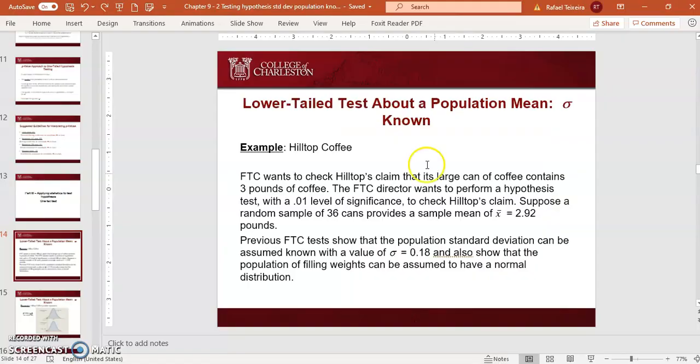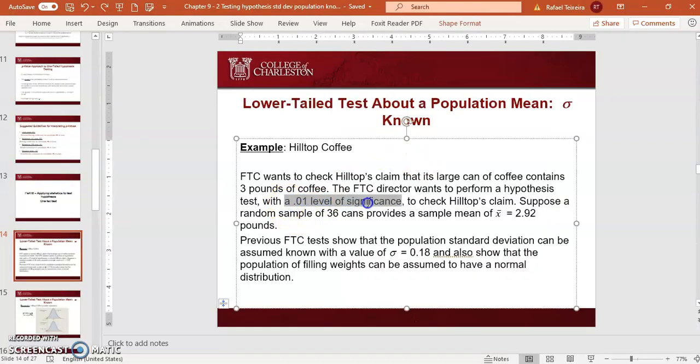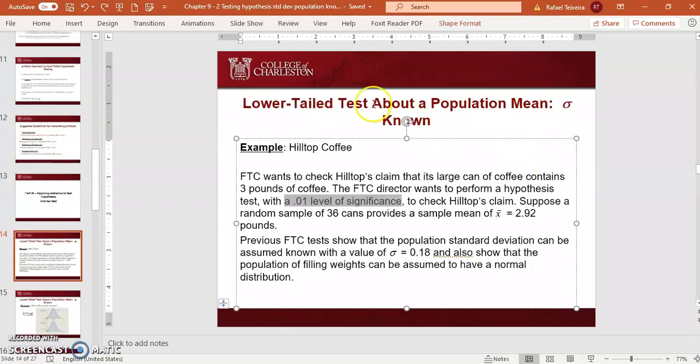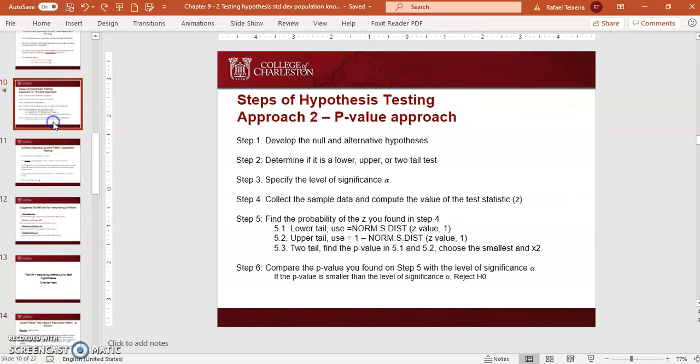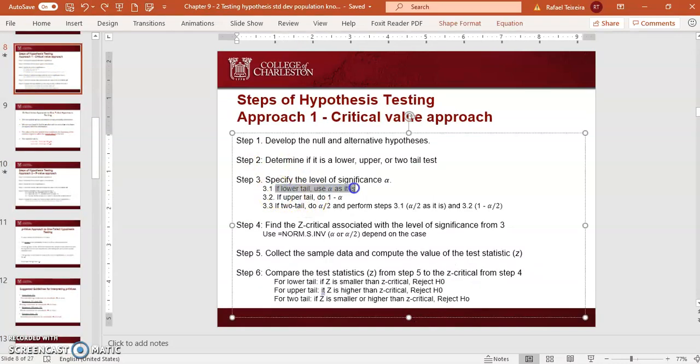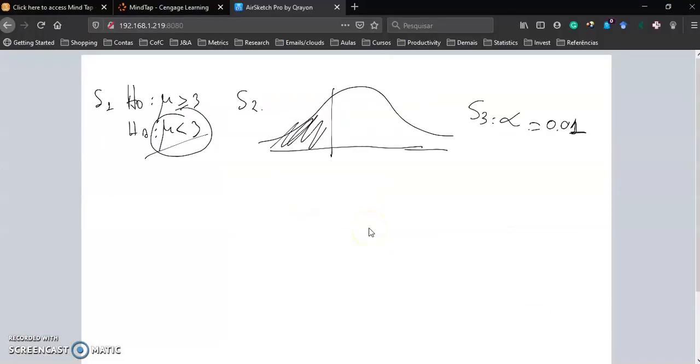Let's take a look at the problem. Problem says alpha, the level of significance, equal to 0.01, right? So my slides say for the critical value approach, if lower tail, use alpha as it is. So I don't do anything, I use as it is. Step number 4, I find the z using norm.s.inv of 0.01.